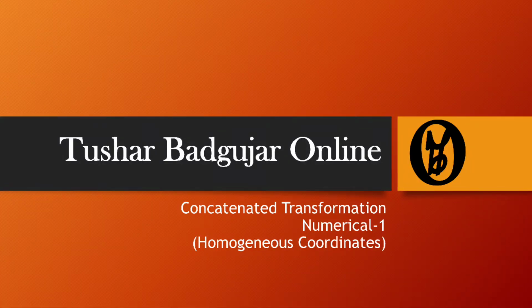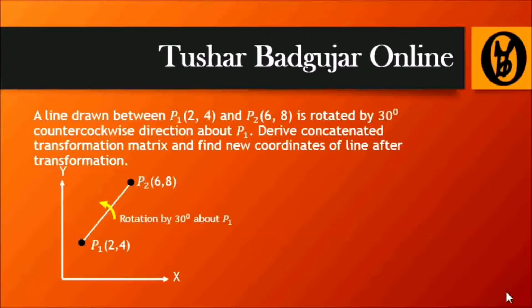I am Tushar. Do you want to know how to solve concatenated transformation numericals? Then let's begin. A line drawn between P1 (2,4) and P2 (6,8) is to be rotated by 30° in the counterclockwise direction about P1.